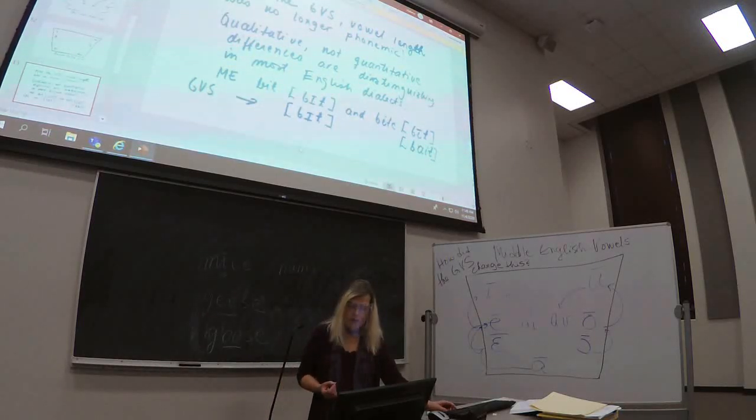So now what we have is not a length determined difference in the two words bit and bite. It's a qualitative difference between a lax vowel I and a diphthong I. Okay, does that make sense?